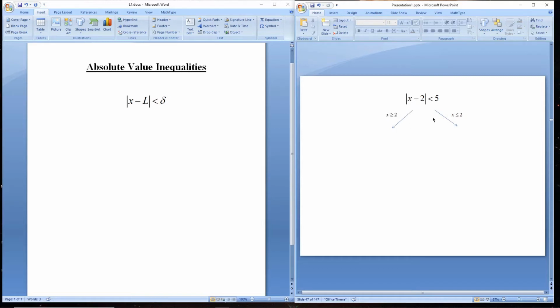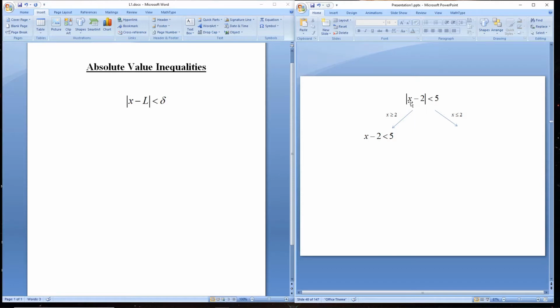Now I do have an equal sign on both these expressions, which I'll get to in a second, but if x minus 2 is positive, then the absolute value sign does nothing, and we can just get rid of it. So again, if x is greater than 2, that means this expression is positive, which means the absolute value sign is doing nothing, and so we can just get rid of it.